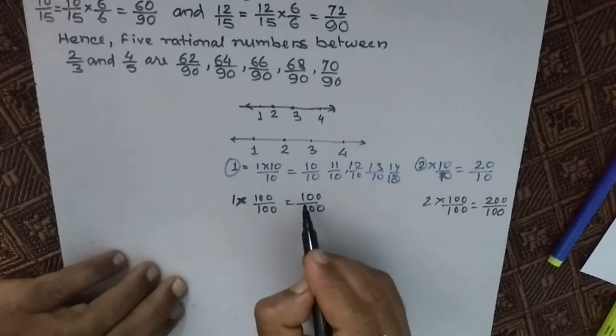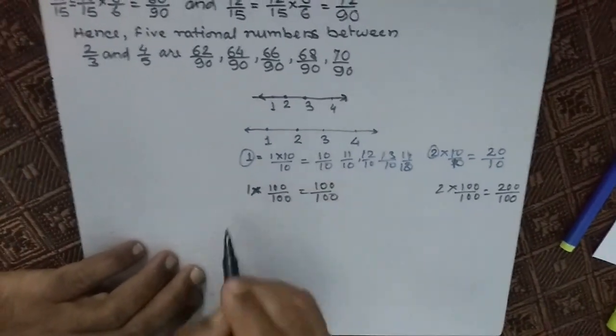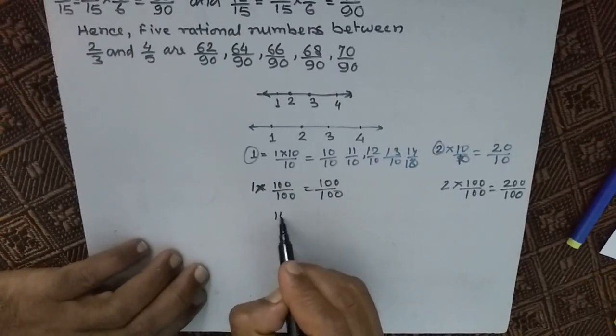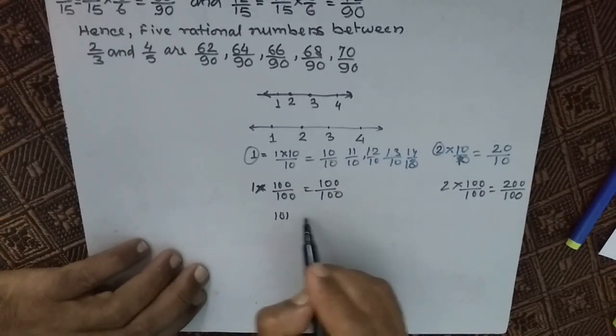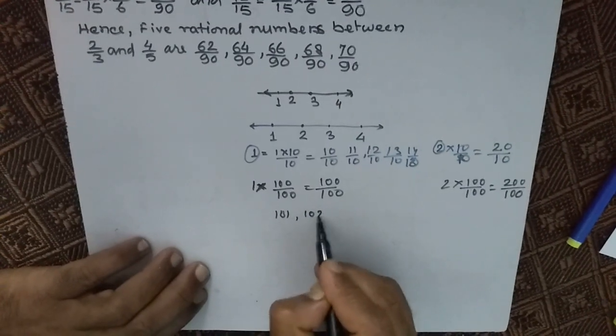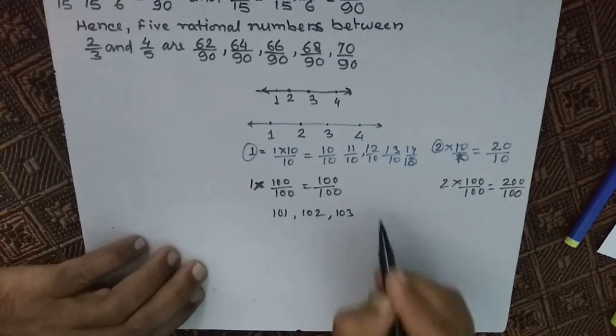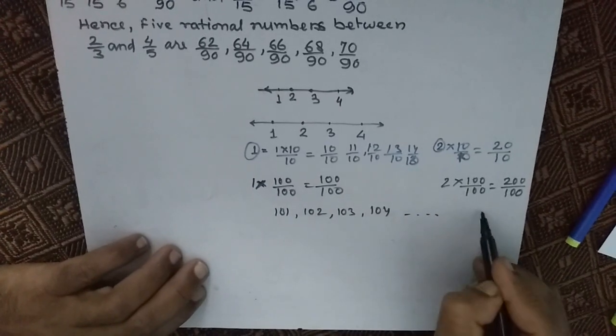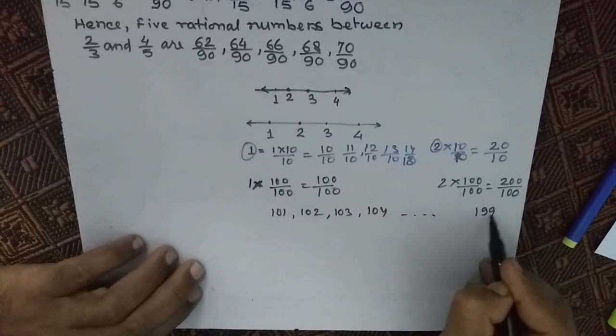Now in between 100 and 200 there is 101, 102, 103, 104, like that up to 199.